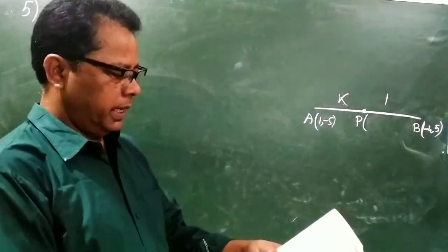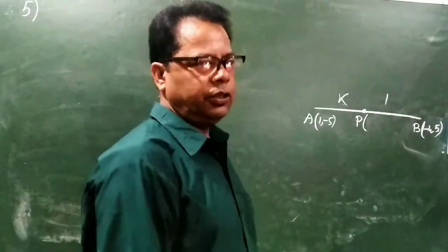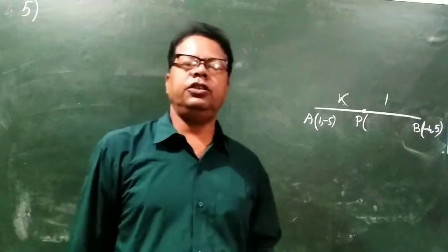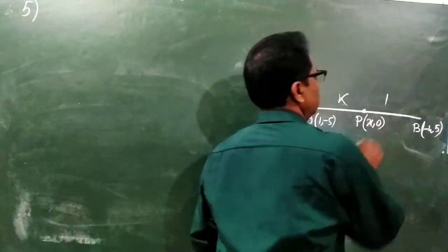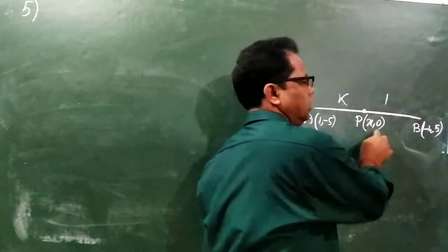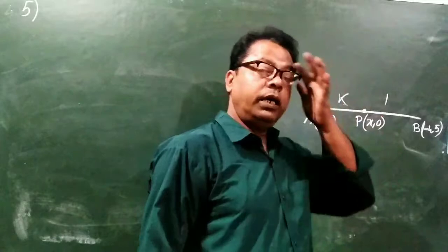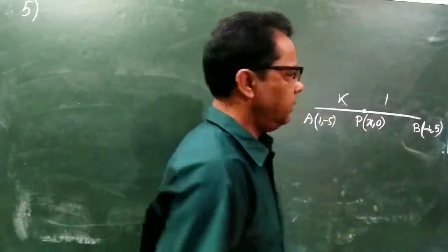Divided by the x-axis. That point is going to be on the x-axis. If any point is on the x-axis, then the x value will remain and the y value will be 0. So let the point be P whose coordinates are (x, 0). Because the point lies on the x-axis, the value for x will remain there.